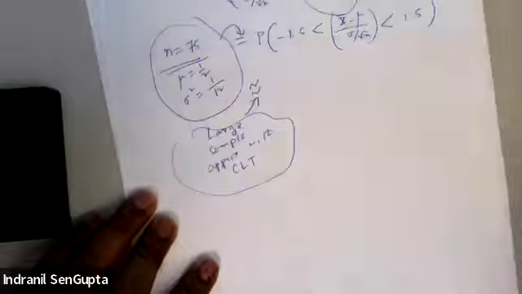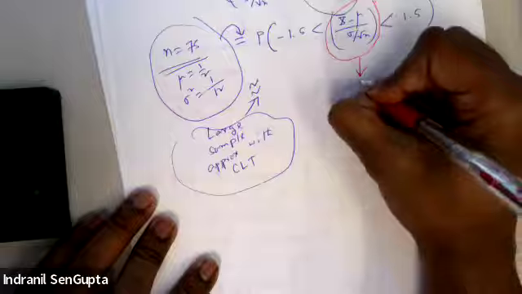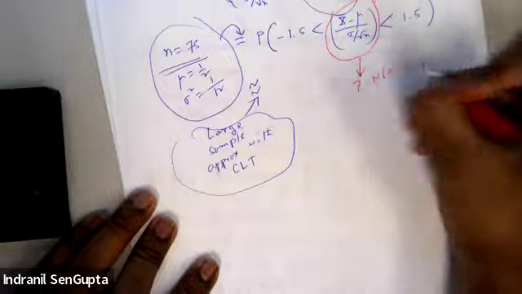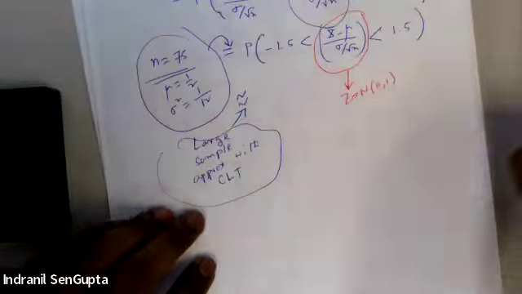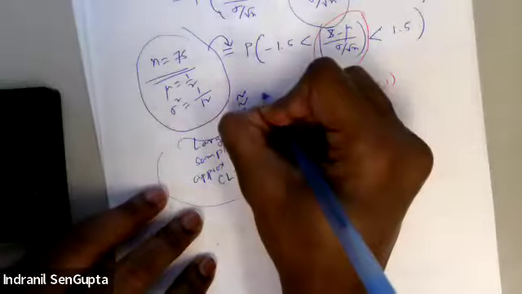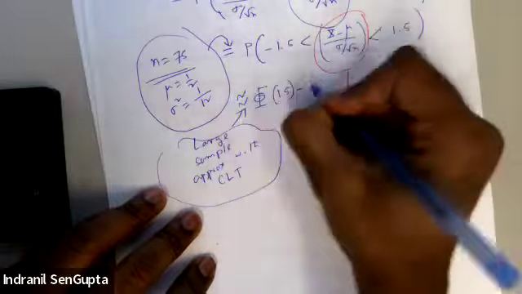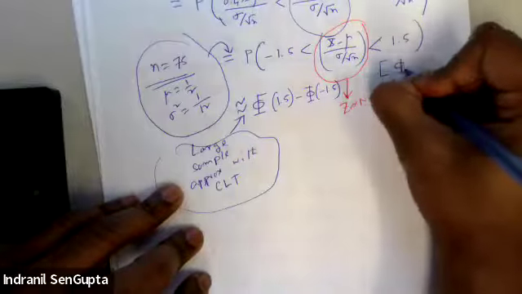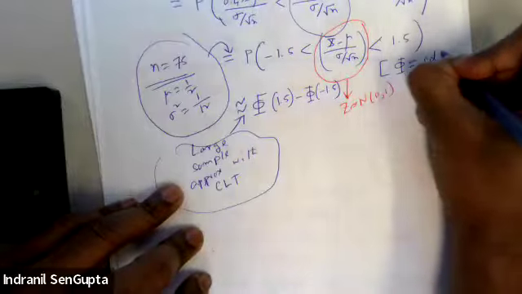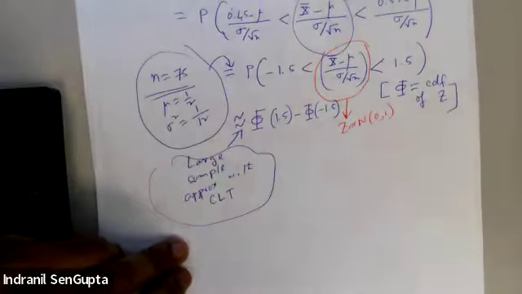Why? Because we know that in the large sample this quantity will behave like Z, the standard normal distribution. In distribution, it will be the same as Z. So I can approximate this as phi of 1.5 minus phi of minus 1.5, where phi is the CDF of Z. We have discussed this notation a lot of times in the previous course.